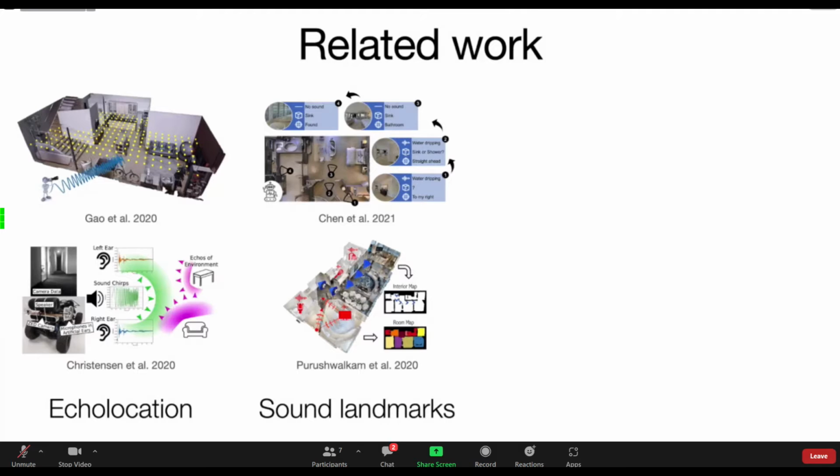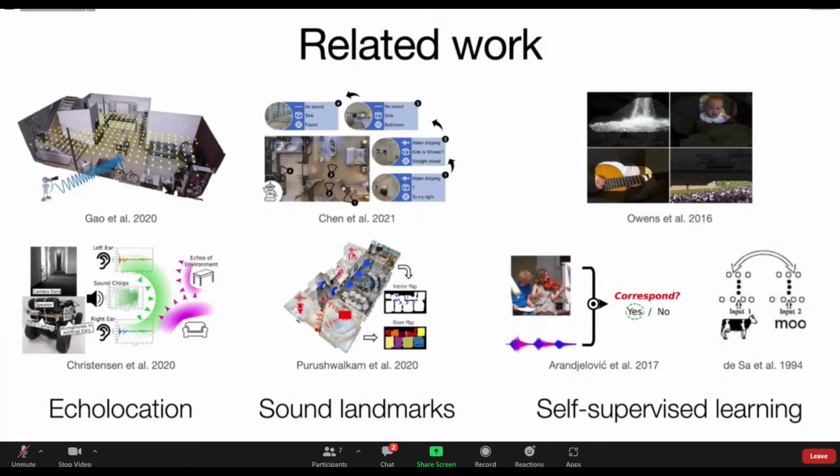But it's unclear how often these sounds appear in real scenes, or whether the sound propagation model is a good one for the real world. And while there has been a lot of work that uses audio and video data for self-supervised learning, it hasn't considered these very quiet indoor sounds.